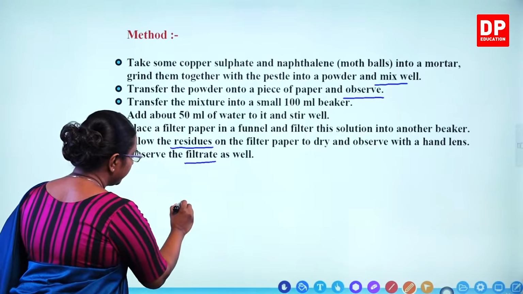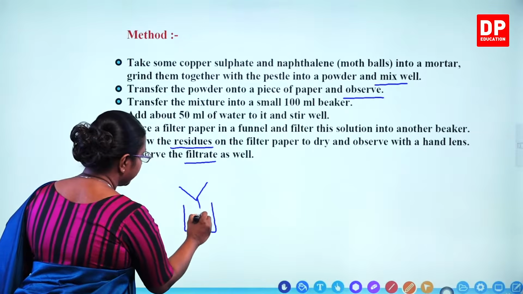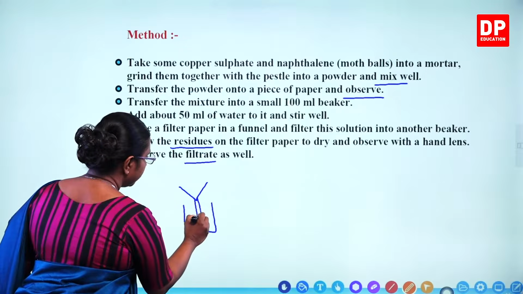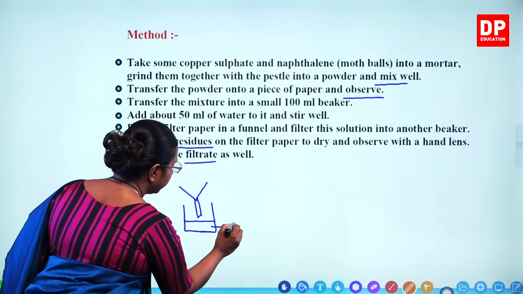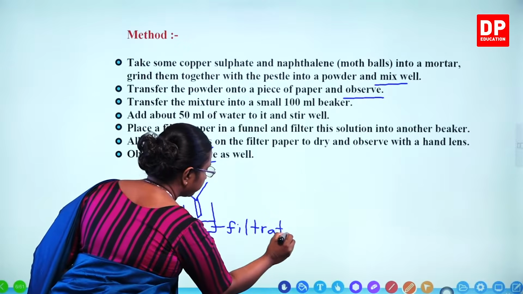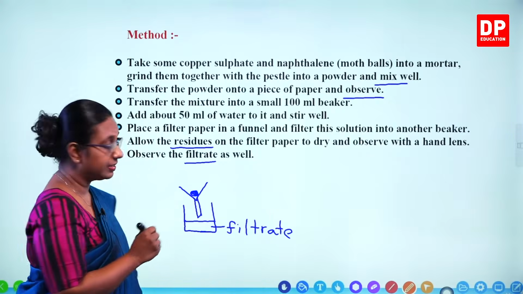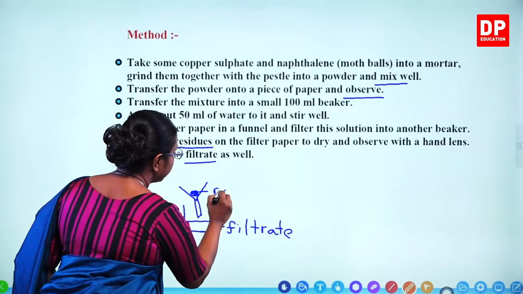So here when you filter into a beaker using a funnel, the solution that you get here is known as the filtrate, and the substance that remains in the funnel is known as the residue.